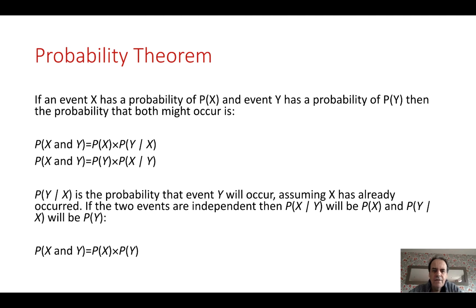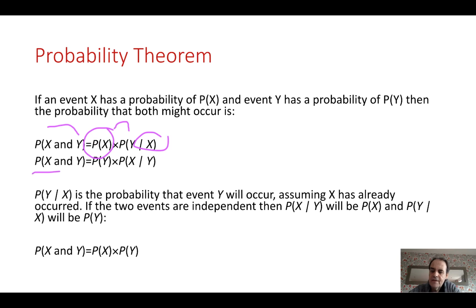We also have other calculations. The probability of events X and Y happening is equal to the probability of X times the probability of Y knowing that X has occurred.